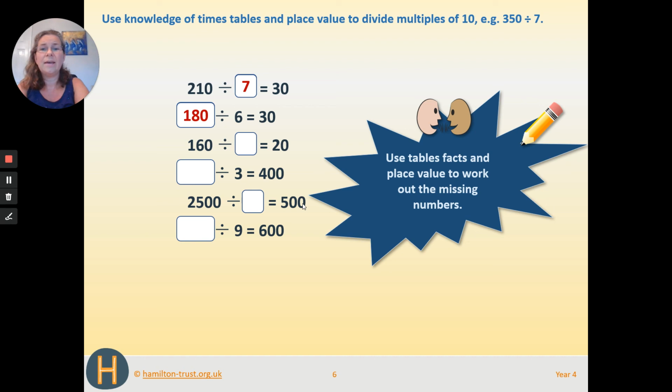Therefore, 30 times 7 equals 210. 160 divided by 8 equals 20. 1,200 divided by 3 equals 400. 2,500 divided by 5 equals 500. 5,400 divided by 9 equals 600.